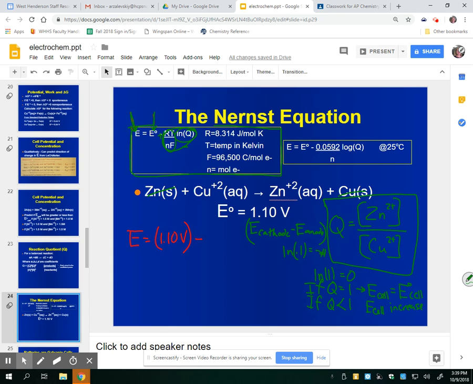If we look back at our Q expression, to make Q less than 1 I need to increase my copper ion concentration. If I increase my copper ion concentration, add shifts away, it's going to favor the forward reaction, and the cell potential will increase, according to Le Chatelier. So it does jive with what we've been talking about with Le Chatelier's principle.